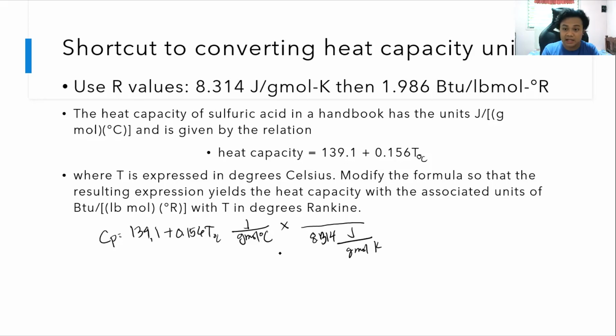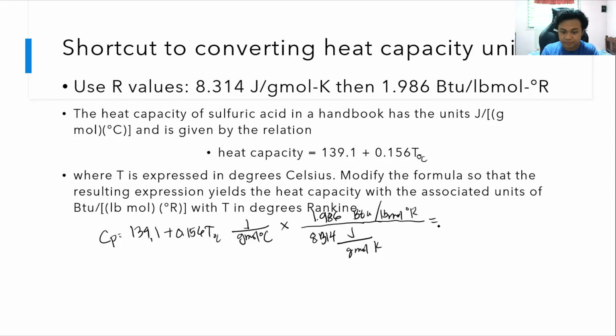Remember that degrees Celsius here is a temperature difference, so it does not matter if it is in degrees Celsius or Kelvin, because they have the same unit difference of 1. Then we multiply it by 1.986. Then the units will be BTU per pound mole per Rankine.